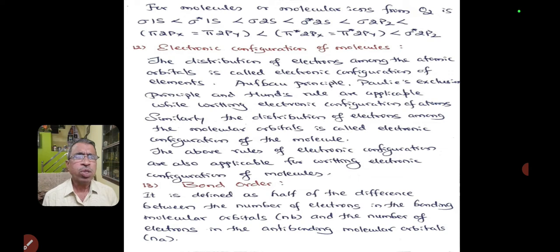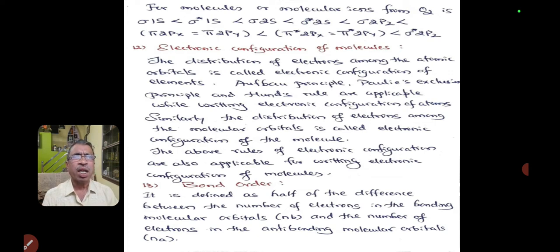For molecules whose total number of electrons is 16 or greater, the electronic configuration of the molecular orbitals is slightly changed. There, the sigma 2pz molecular orbital has lower energy than the pi 2px and pi 2py bonding molecular orbitals.